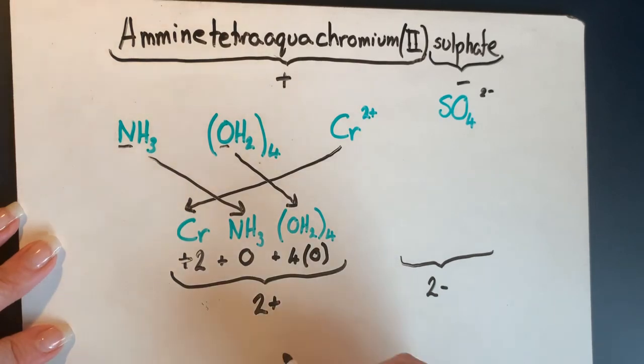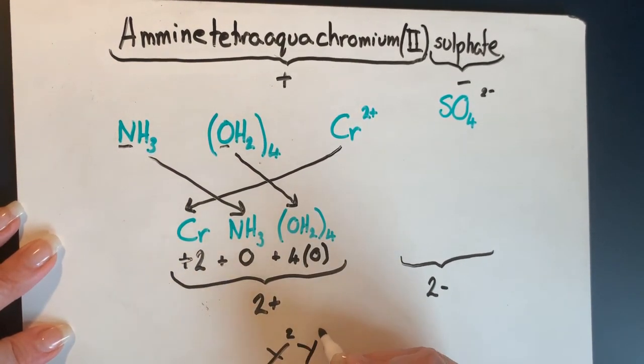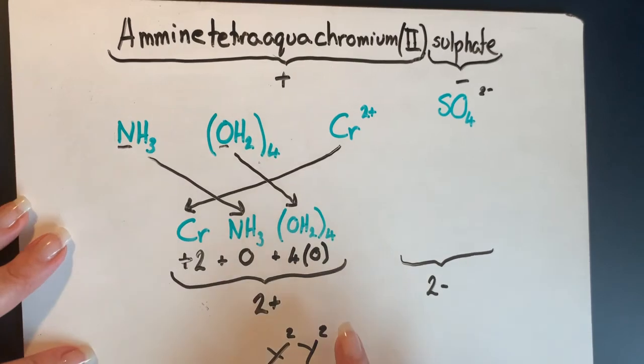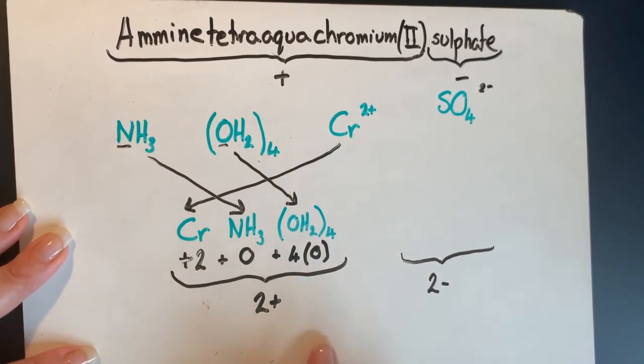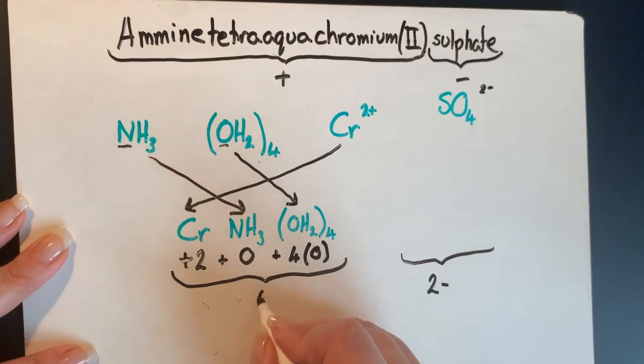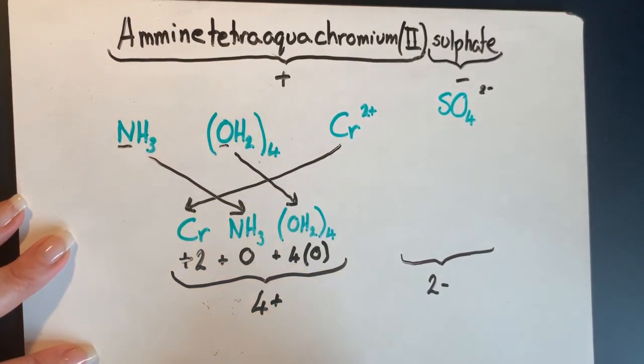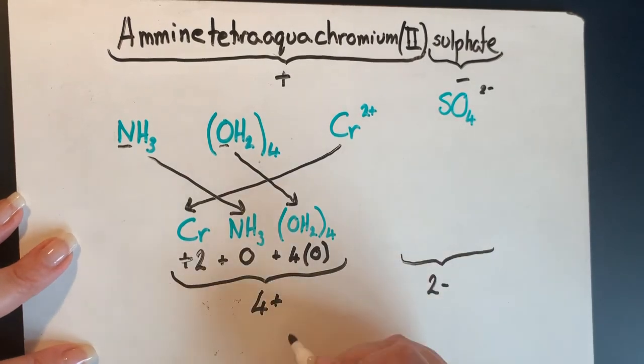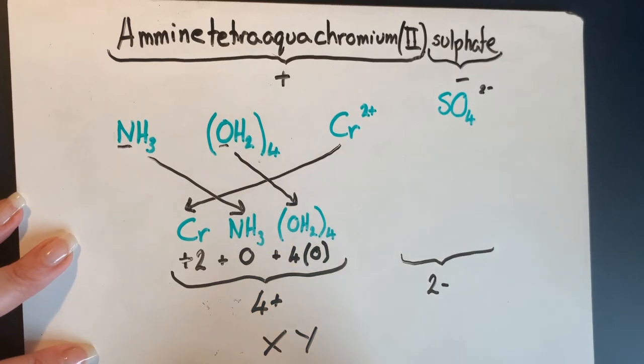So remember, if you had element X and element Y and they both had a valency of 2, when you cross them over they would vanish. If, for example, this had worked out with a valency of 4+, then we would have had to do exactly the same as if you were dealing with a valency in an ionic compound.